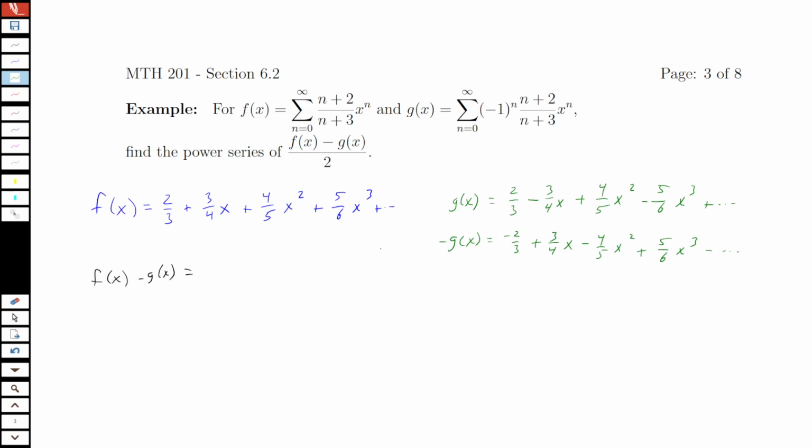So when I add these together, the 2/3 cancel, and then the 3/4 double up, and then the 4/5 cancel, and then the 5/6 x cubed term doubles up, and then cancel, and then double up, and so on. So if I take half of this, then that just cancels out all the doubling up.